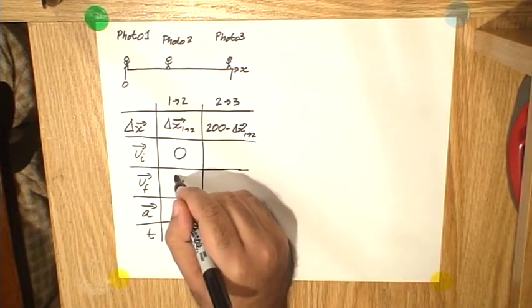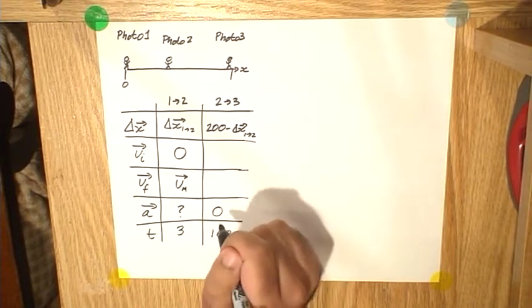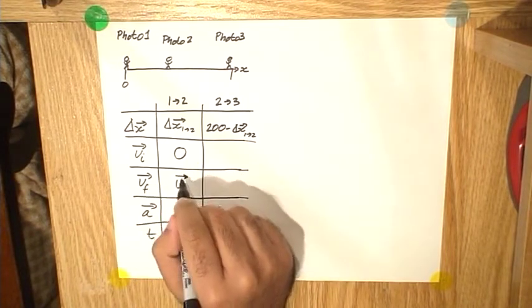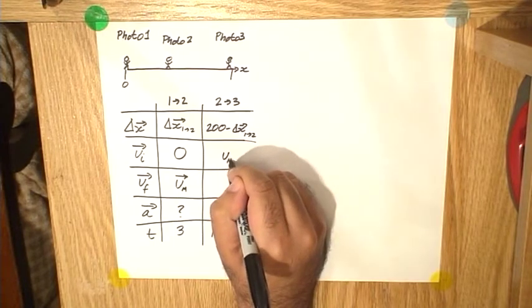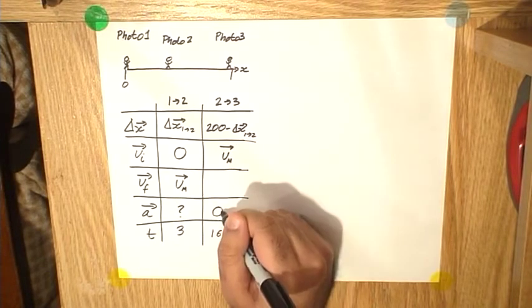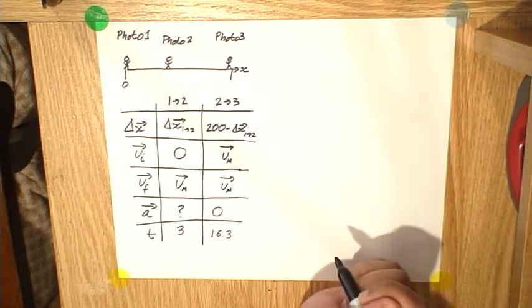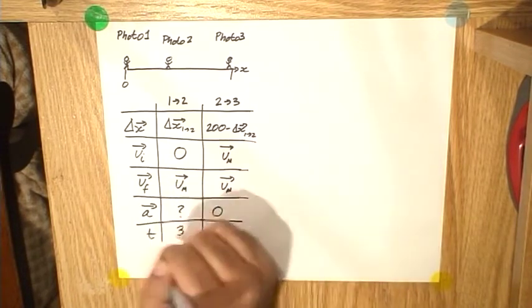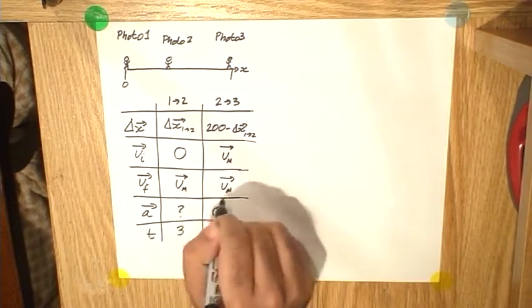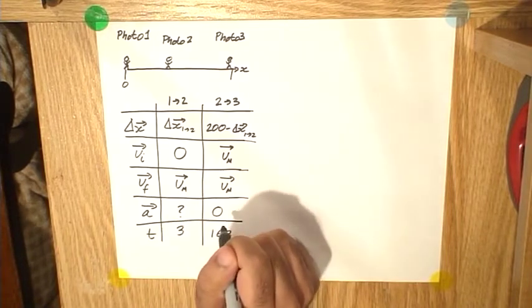Let's call this v sub m, Vmax. His final velocity for 1 to 2 is his initial velocity for 2 to 3, and because he's not accelerating, it's also his final velocity for 2 to 3. So, let's take all of this information together and solve for what that Vmax is.